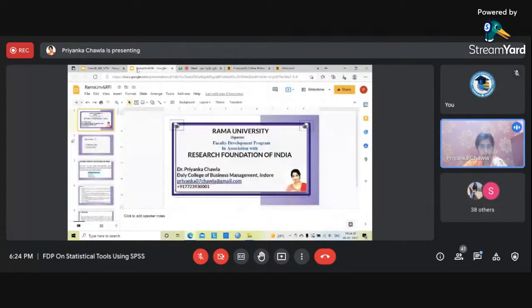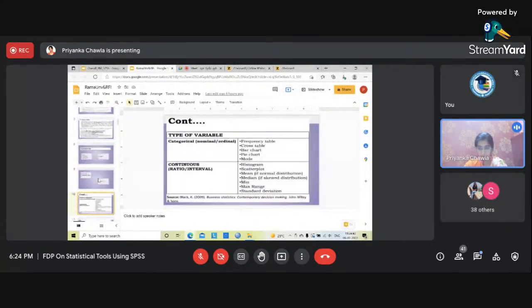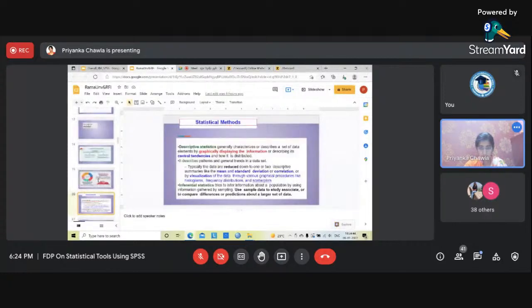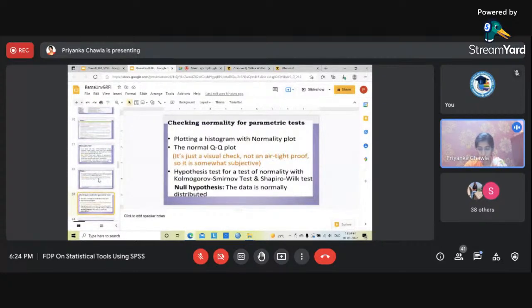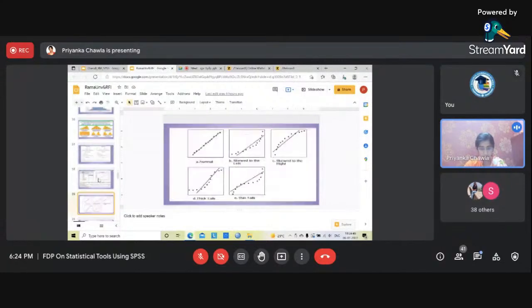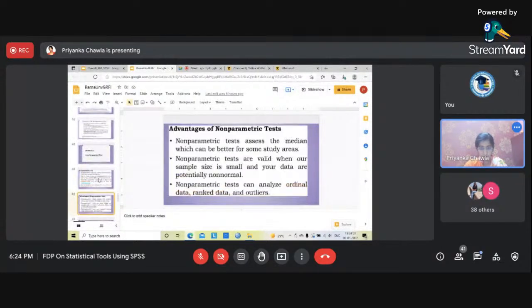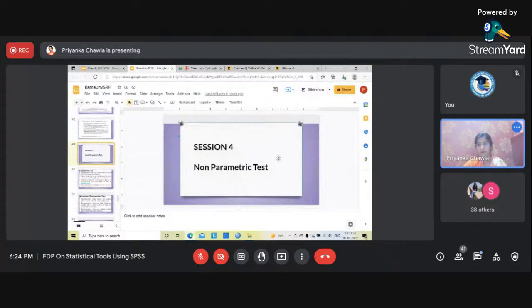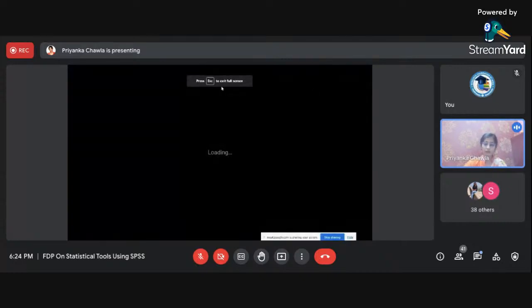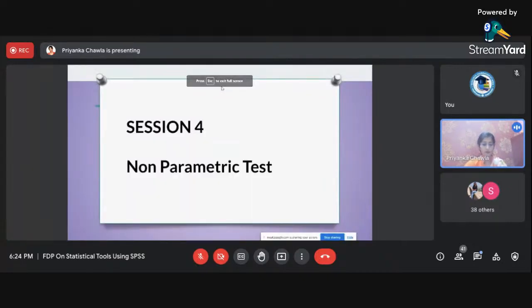Before that, can anybody tell me what is a parametric test? Dr. Samir Dubey sir had explained nicely yesterday. In continuation to that, we will be doing non-parametric tests today. Can you explain what a parametric test is?